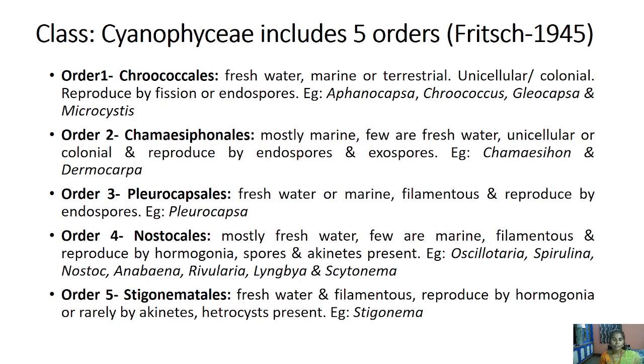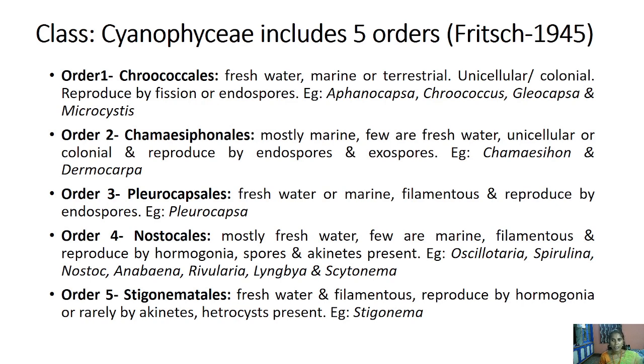Examples for Chroococcales include Aphanocapsa, Chroococcus, Gloeocapsa, and Microcystis. Order 2, Chamaesiphonales. These are mostly marine, a few are freshwater forms, either unicellular or colonial, and they reproduce by endospores as well as exospores.